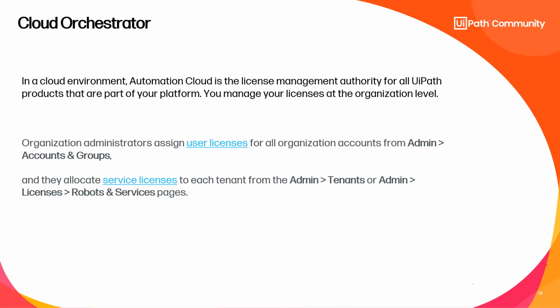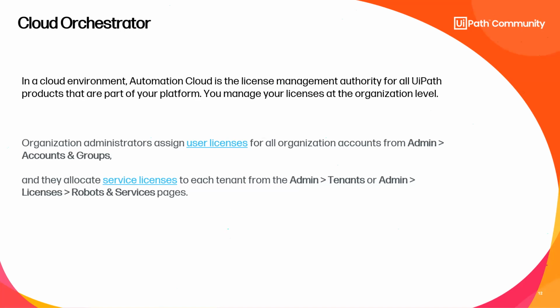And once the licenses are managed there and provisioned to the respective Orchestrator, you can further manage your user license, right? Suppose I want to allocate someone a Studio X license, citizen developer license, or the automation developer license. It will further go to the Orchestrator admin, and they can provision and configure this at the Orchestrator layer.